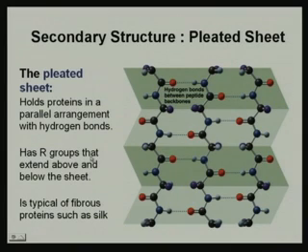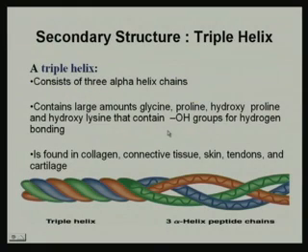It has R groups that extend above and below the sheet. It is a typical fibrous protein such as silk. So this is one of the examples of the beta pleated protein.